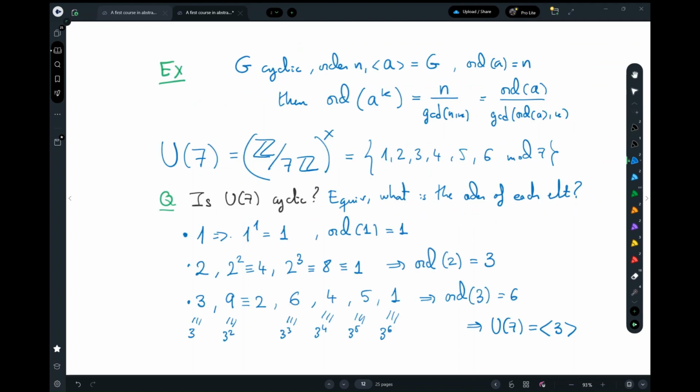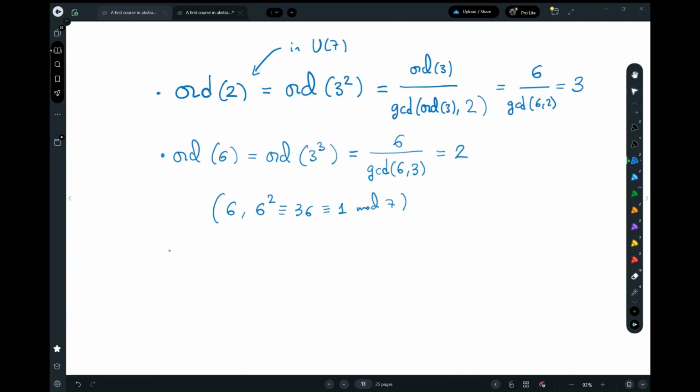What are we missing? What is the order of 4 and 5? So let me just do those quickly. The order of 4 is the order of 3 to the 4, which is 6 divided by the GCD of 6 and 4, which is 2. So this also has order 3.